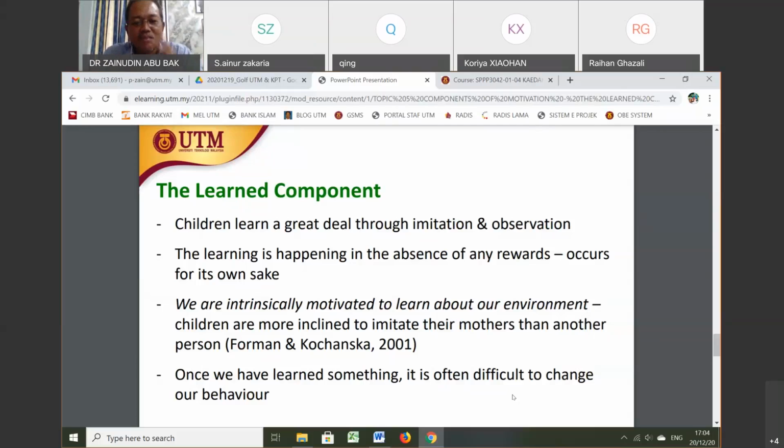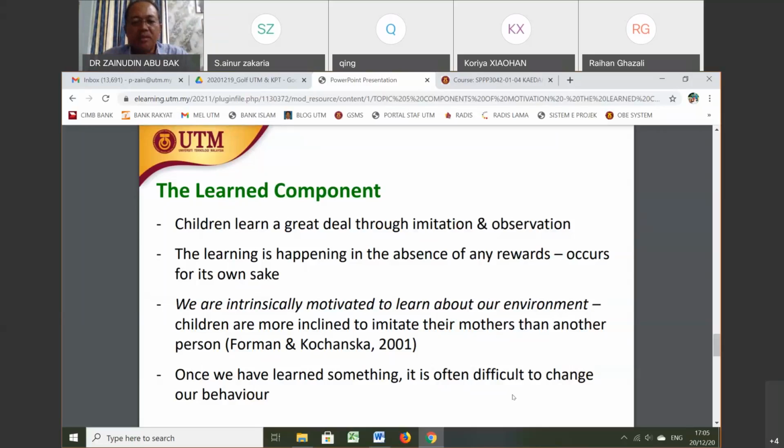So that's the difference. That's why in religion, in Islam, they said that if we want to teach children or show children, we should start off as early as possible. Don't wait until the behavior is established. Don't wait until the language is established.